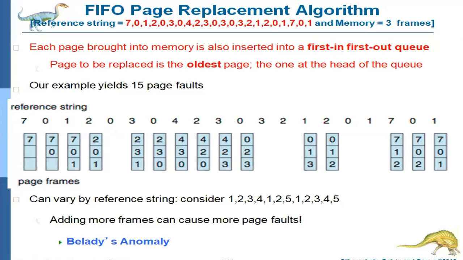And page hit: whatever page is demanded by the CPU, if that page is in main memory, it is called a page hit.